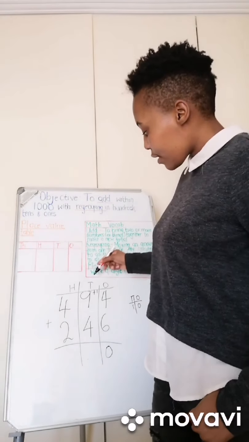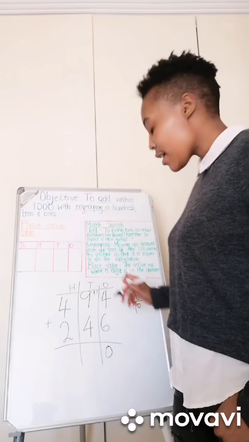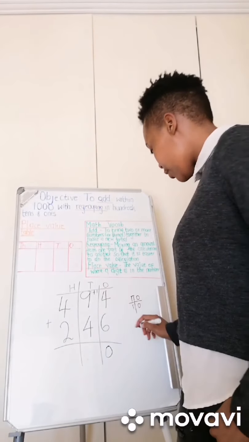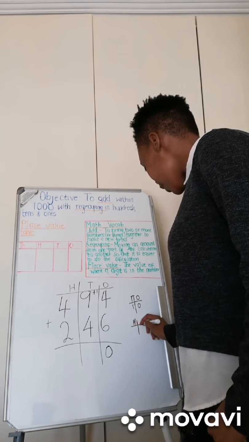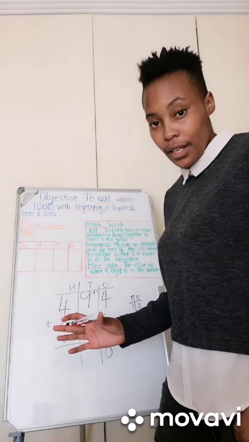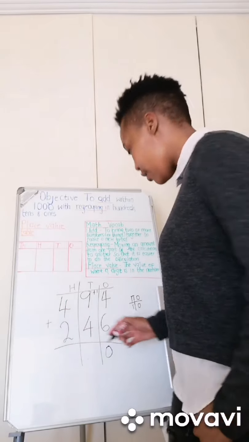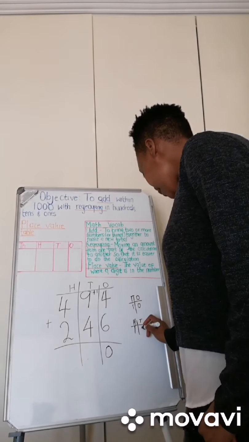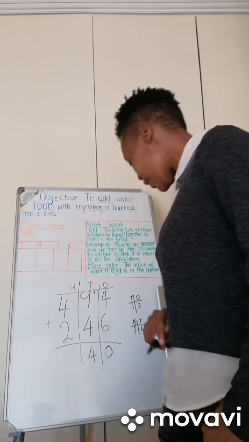Now, remember, the tens share their sugar with the hundreds. You'll take your answer and put it in the place value table that you're going to build on the side, in order for you to be able to regroup successfully. So 14 is your answer. Where does the 4 go? Goes to the tens.